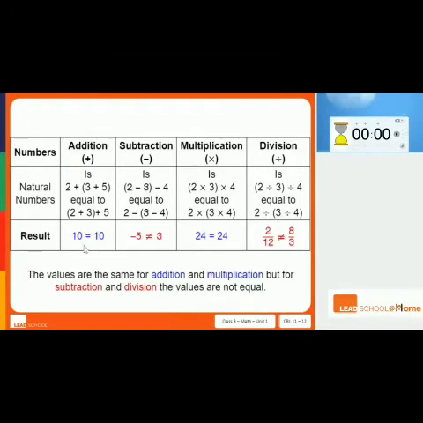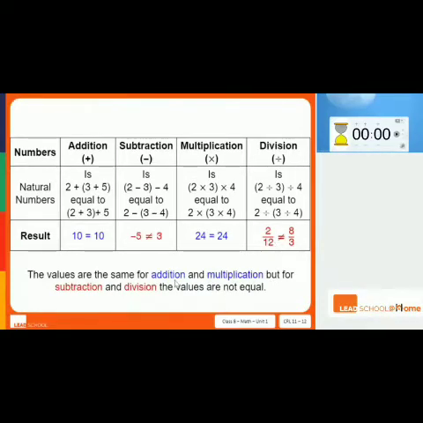So as we can see, the value is not same for each operation. For addition, we got the result as same. For subtraction, it is not equal. For multiplication, we also got the result as same, 24, 24. And for division, we did not get the same result.